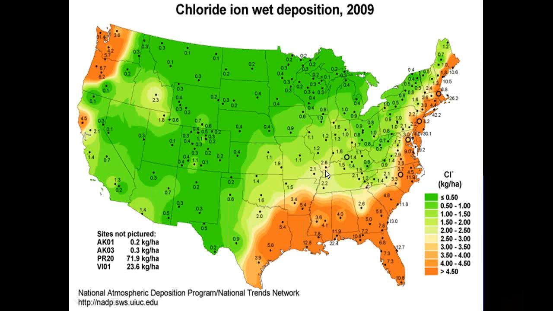If you take the level in kilograms per hectare, move it 1 decimal point to the right, and that'll be the micrograms per square centimeter. Right down there at the southern tip of Illinois, it shows the chlorides as 26. It's actually 260 micrograms per square centimeter.